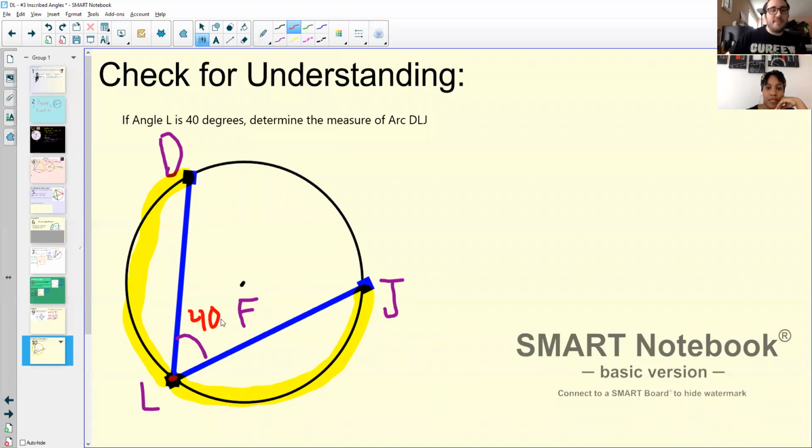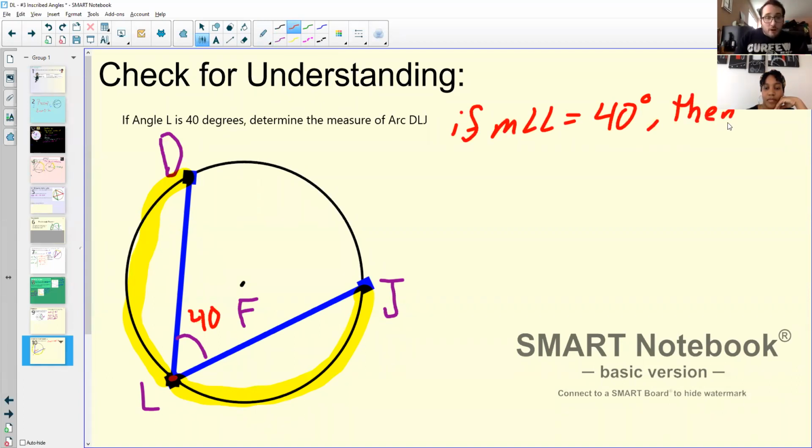So if we know that this angle is 40 degrees, what's the only other piece of information that you can find just with 40 degrees? So if the measure of angle L is 40 degrees, then what else do we know? We know arc DJ. So arc DJ is equal to what?